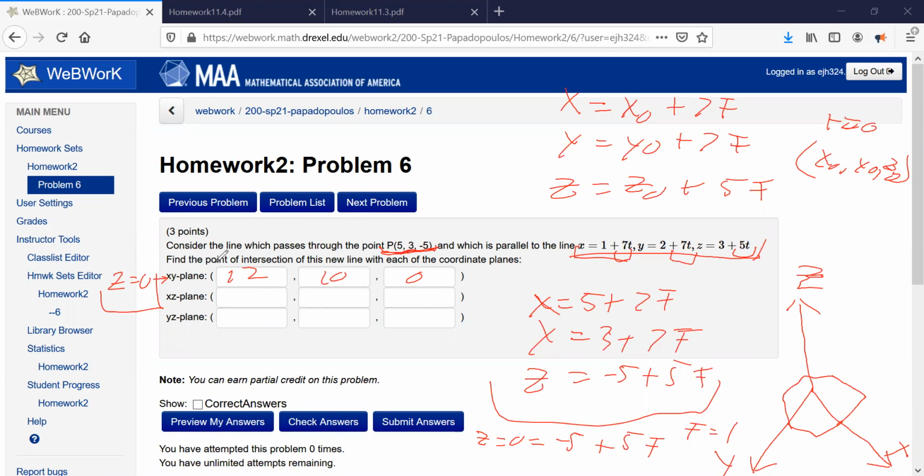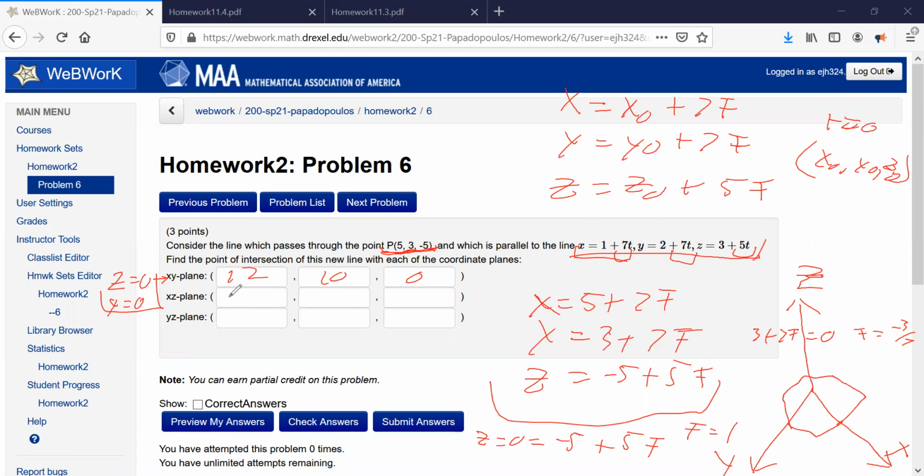Yep. Cool. From here on out, it's going to be basically the same thing. The xz plane is where y is equal to 0, so if we have 3 plus 7t is equal to 0, then that tells us that t is equal to -3 over 7.